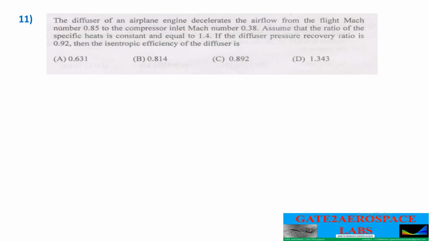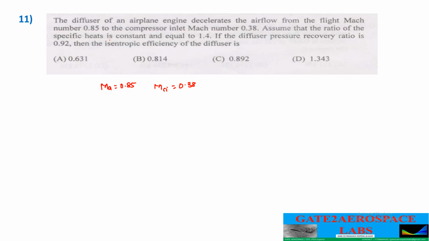Okay, problem number 11. A diffuser of an airplane engine decelerates the airflow from a flight Mach number, which is 0.85, to a compressor inlet Mach number, which is 0.38.